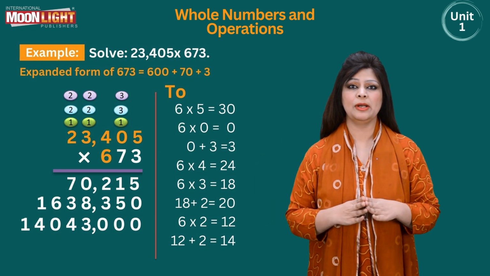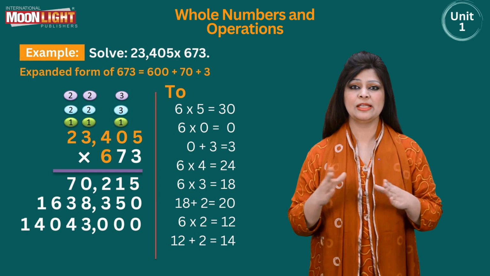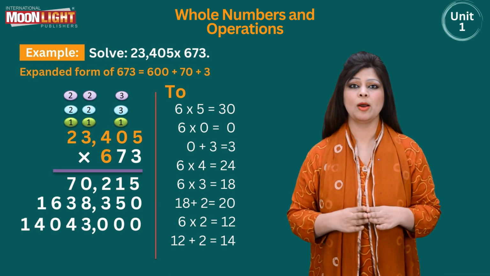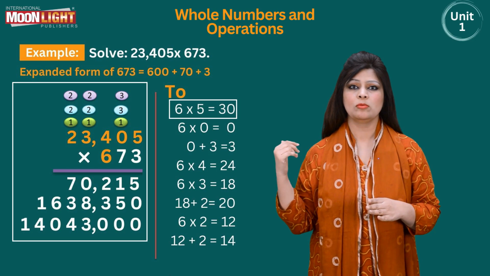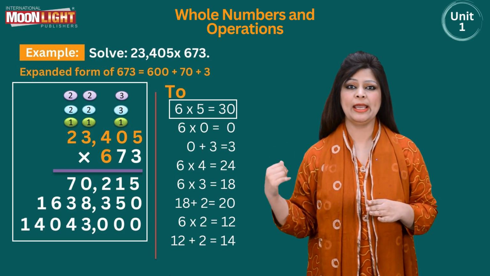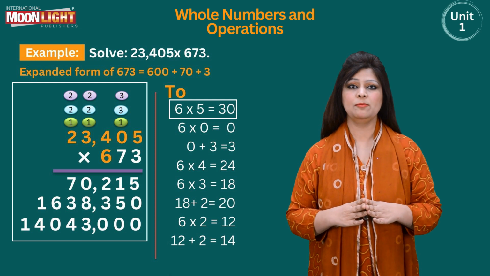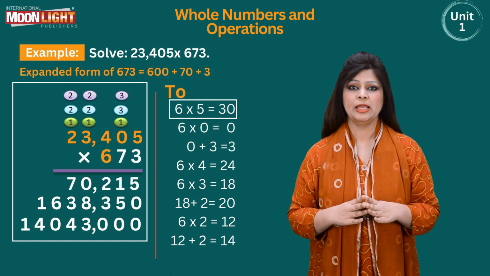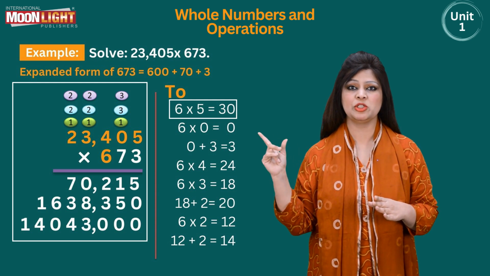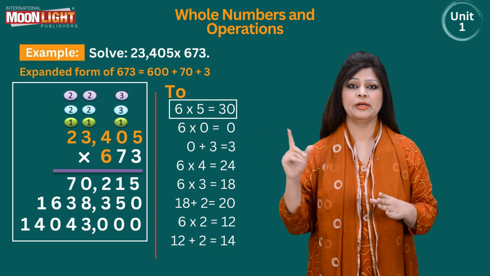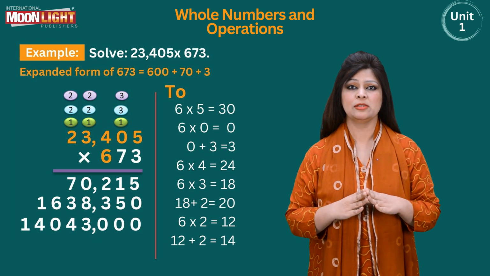Now I am going to multiply the number 6 with the rest of the number starting from the ones. 6 fives are 30. So where will I write 0? I will write 0 right below the number 3, and then I am going to carry the 3 to the next number, which is at the tens position, on the top of the number 0.